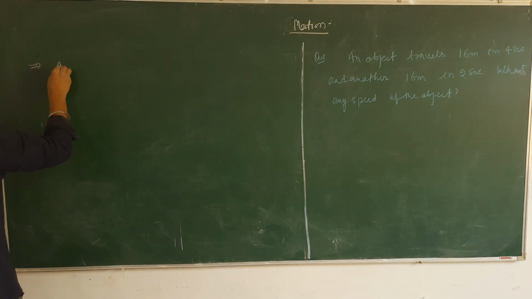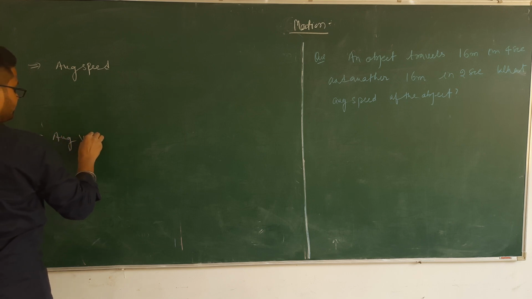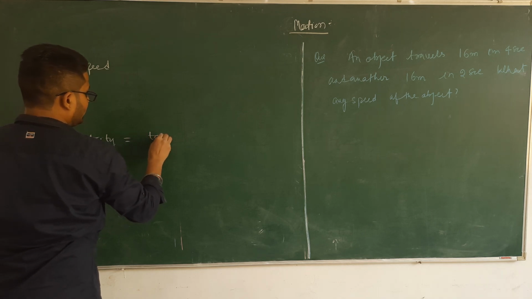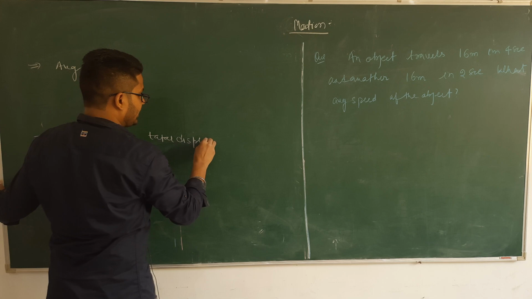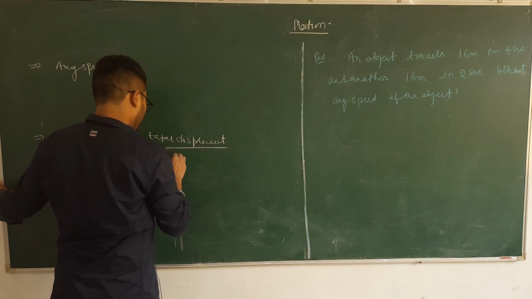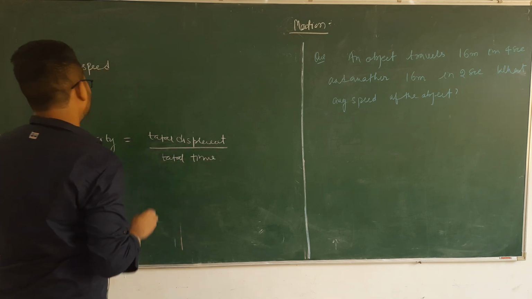Average velocity is total displacement upon total time.